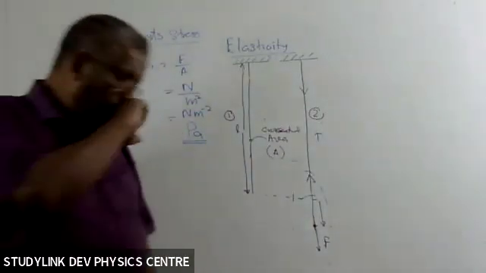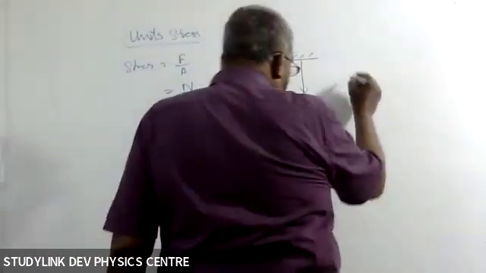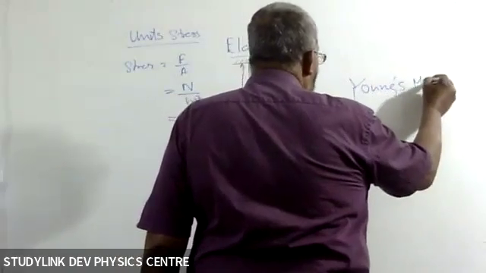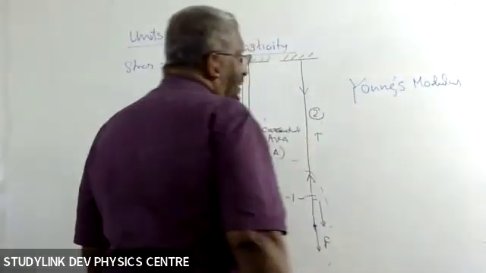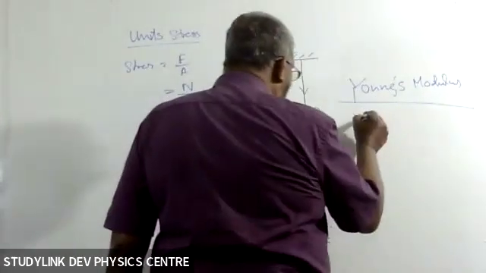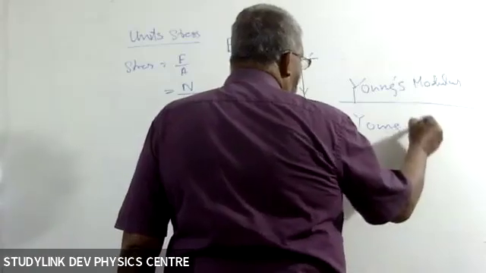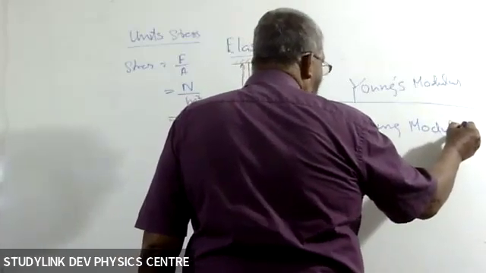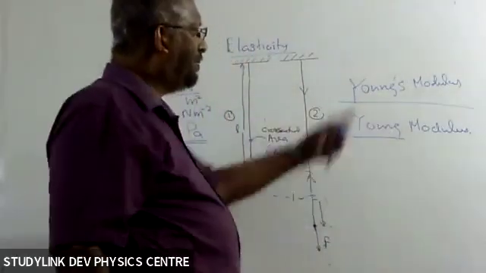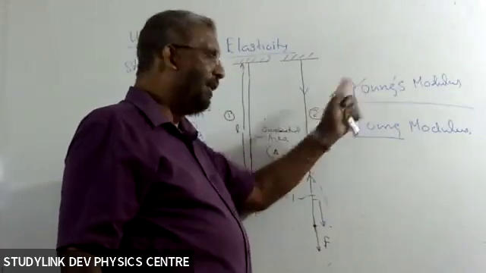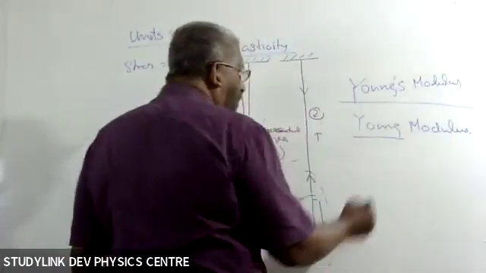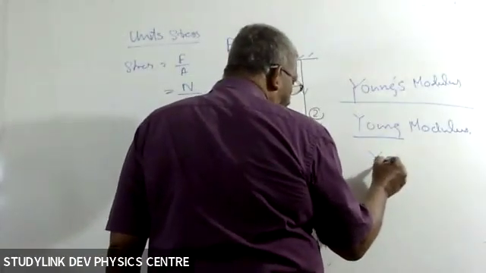Here there is also a small difference. Early on it was Young's modulus, but later scientists thought there was no need for the possessive S, so they use Young modulus. But in our papers, we can see both. The apostrophe form is possessive, since he is the person who defined it. Anyhow, Young modulus is denoted by capital Y.